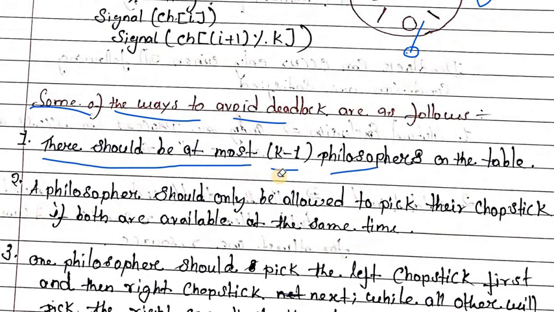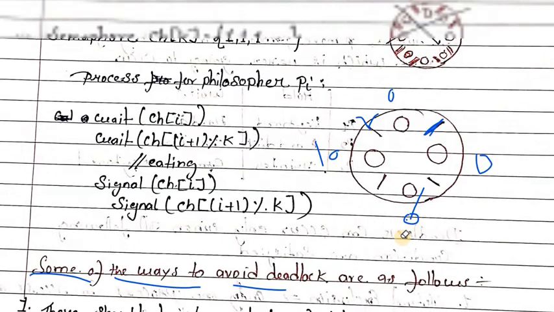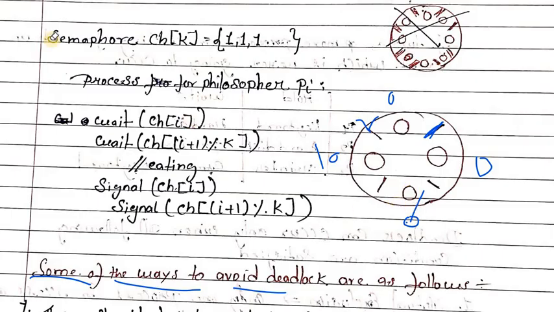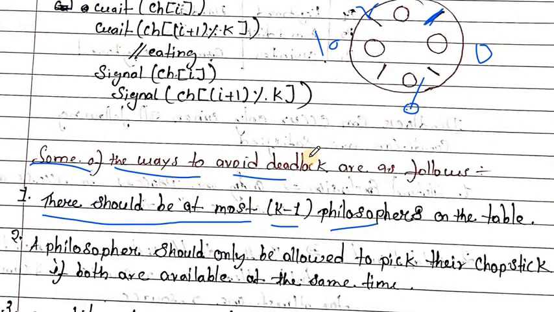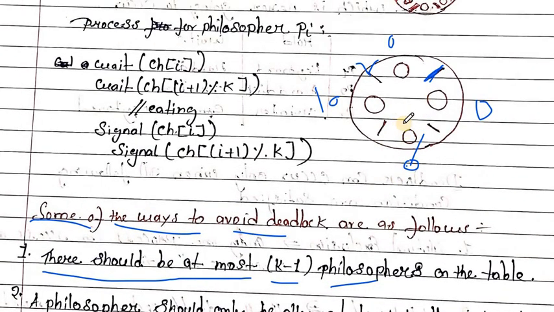Now the third condition to avoid deadlock: if one philosopher picks the left chopstick first and then the right, then the other philosopher picks the right first and then the left. One philosopher will pick the left chopstick then the right, and another philosopher will first pick the right then the left.